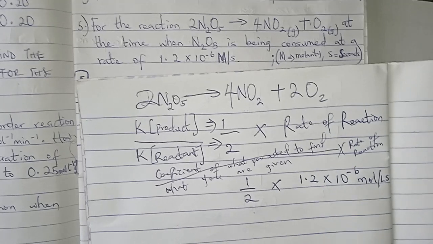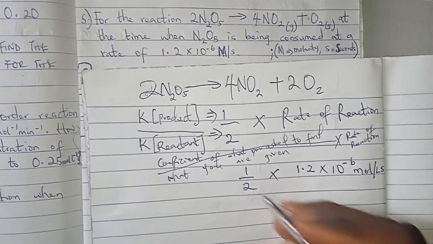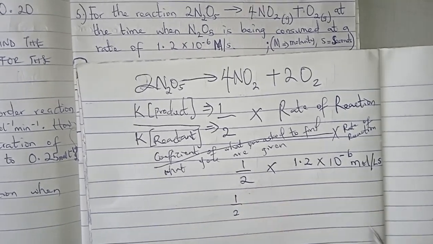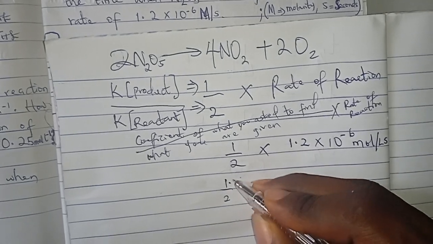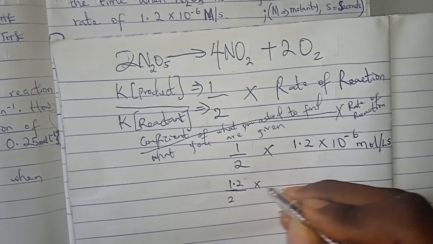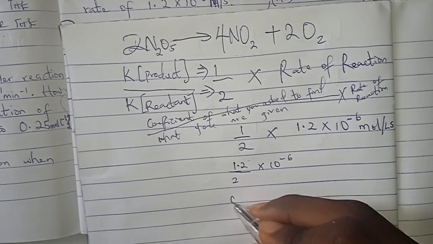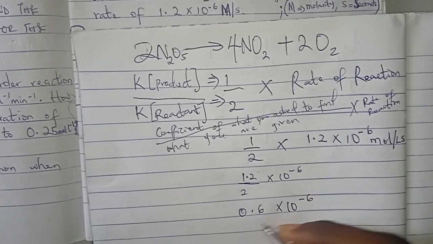When you do it in this case, you have 1 over 2. Let's just multiply. This is 1.2 over 2 times 10 raised to power minus 6, which equals 0.6 times 10 raised to power minus 6.